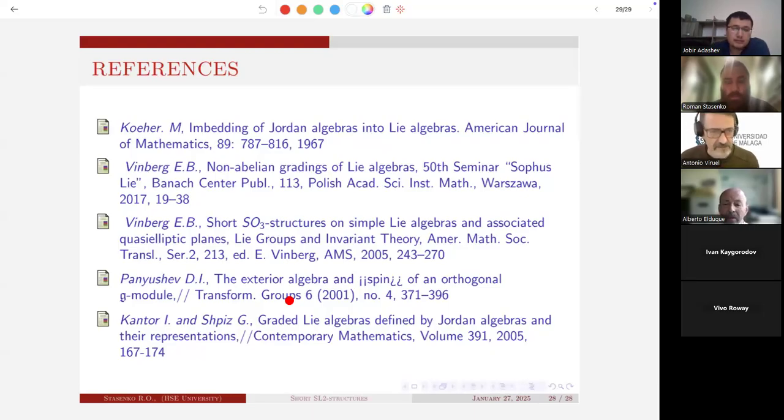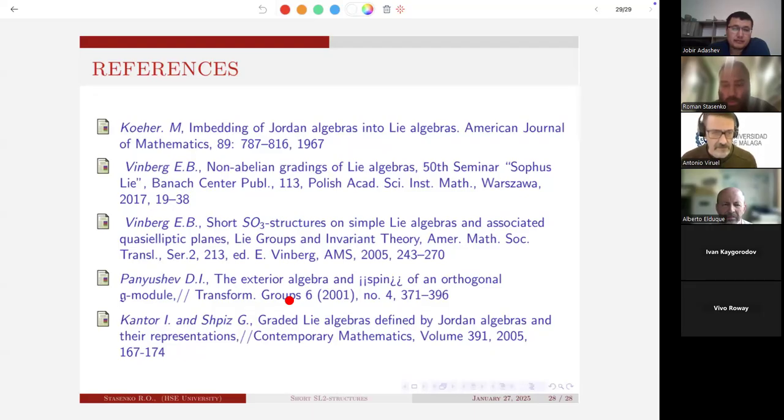I also have a couple of questions. The first one is just this classification of SL2 structures. It's nothing but describing SL2 inside the adjoint form of Lie groups. I mean, it seems you were calculating root systems and centralizers in there. Is that not from Borel and de Siebenthal, or a classical result about maximal subgroups?